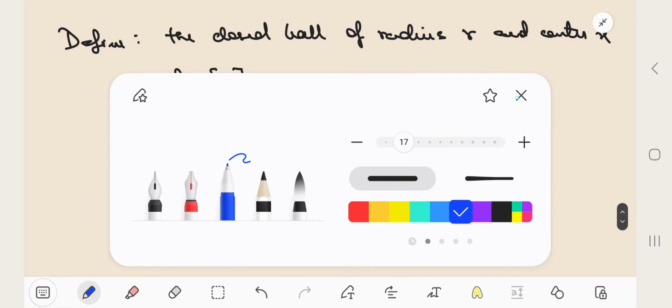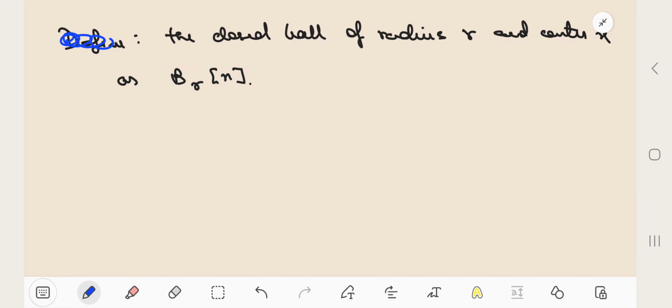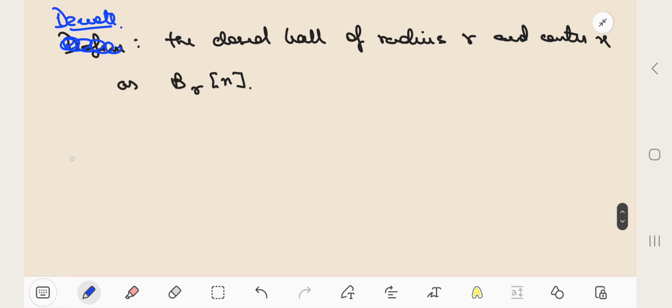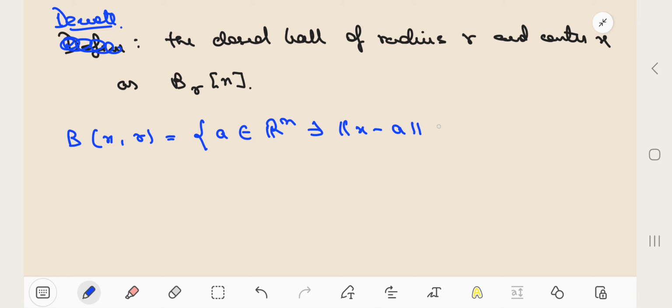The other notations, so I shouldn't use the term define, in fact I should use the term denote. The other usual notations, these are the standard notations, we also write it B(x, r), and it is certainly the elements a in Rn such that the distance between a and x is less than r.